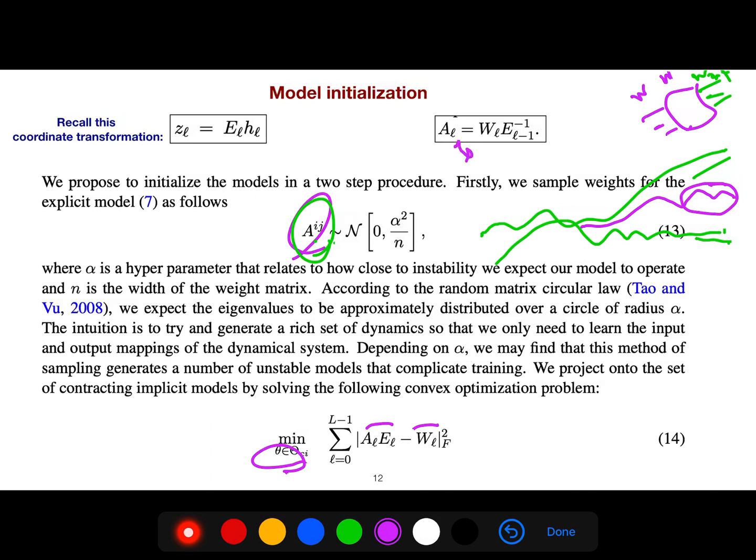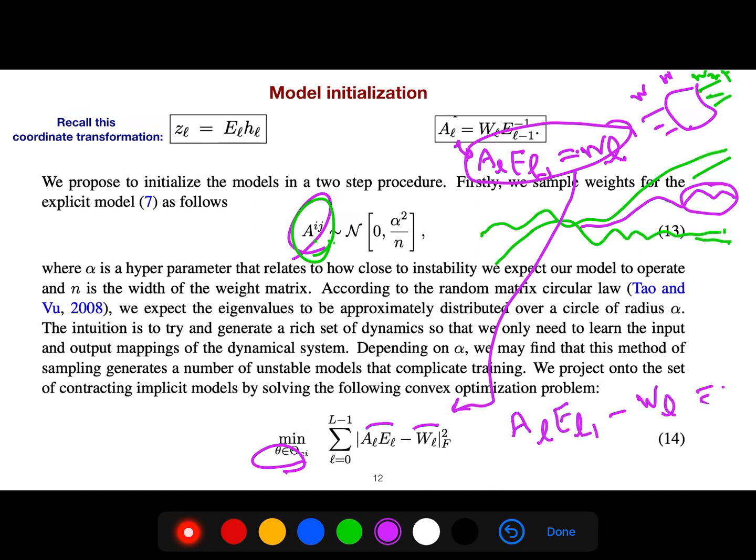Because if you multiply E to both sides, this becomes AL, EL equal to WL. If you reduce it, it becomes this. So this becomes AL minus 1 minus WL equal to 0.